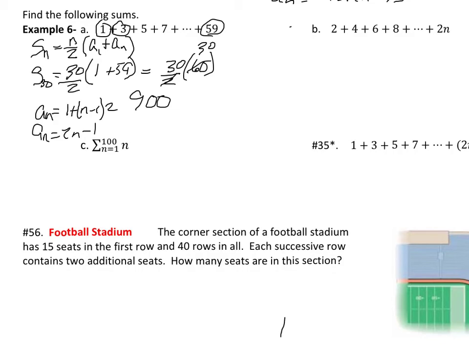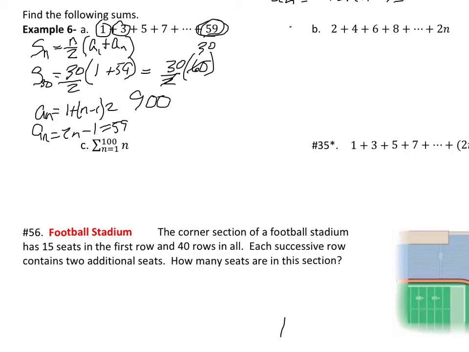So I'm going to set 2n minus 1 equal to 59, and solve for n. So I add 1, divide by 2, and I get n is 30. So I know 59 is my 30th term. So that's how you can find it: if you can't figure out what term that last one is, plug it into the nth term formula, plug that value in and solve for n. Okay? Does that make sense to everybody? Are we sure?